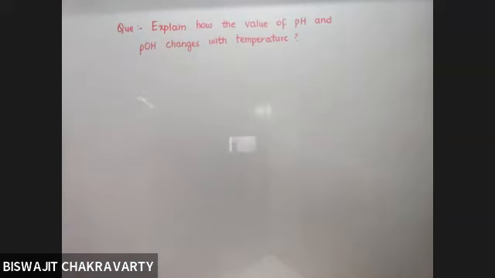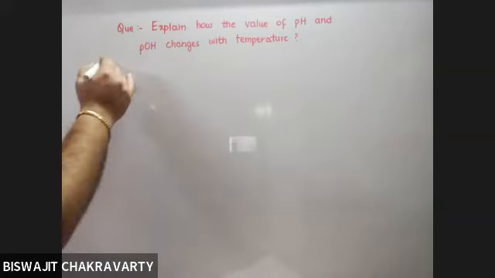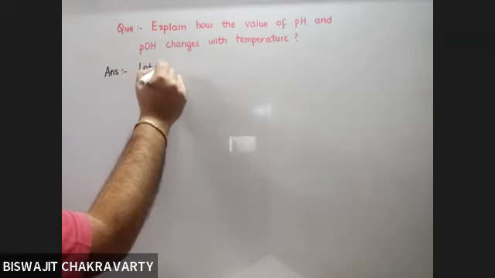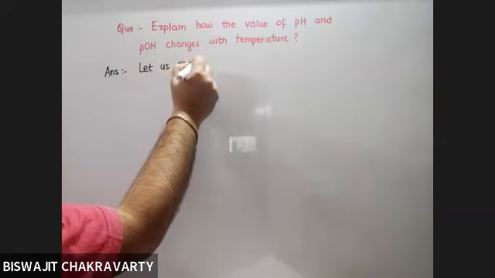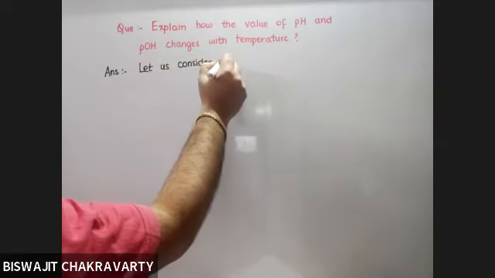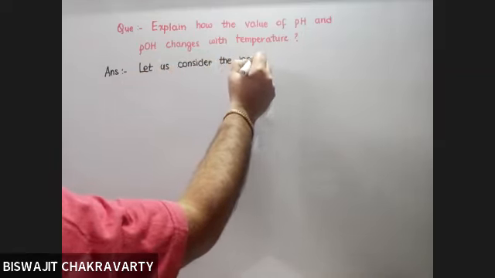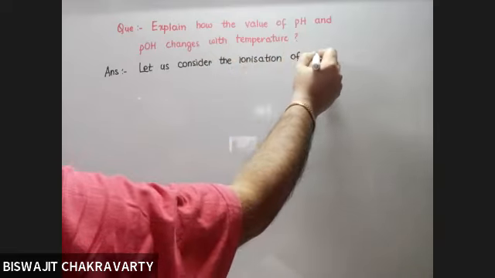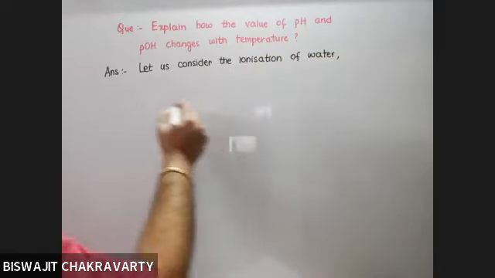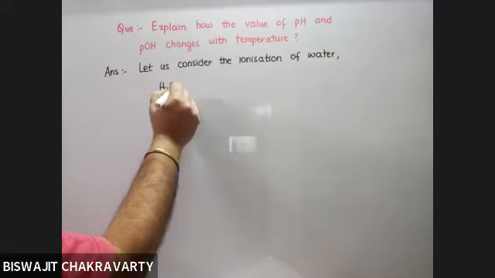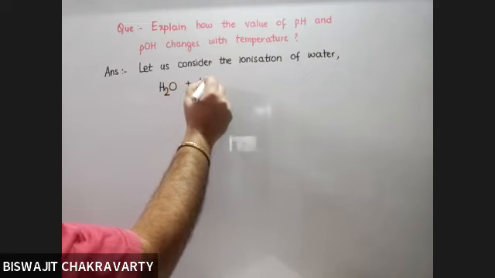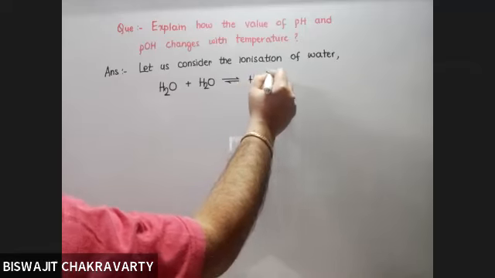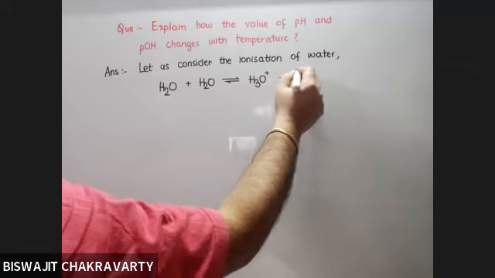So in order to understand it, let us consider the ionization of water, which is H2O plus H2O, reversible, H3O plus plus OH minus.